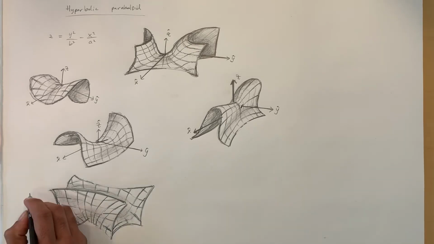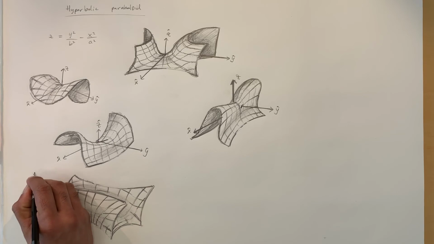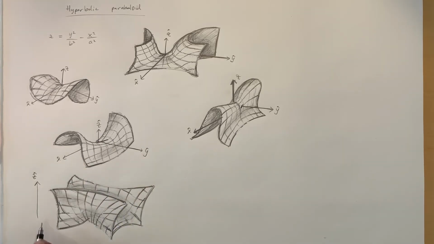we can also do it. This is the z axis right here, and then we can do the y going behind the hyperbolic.